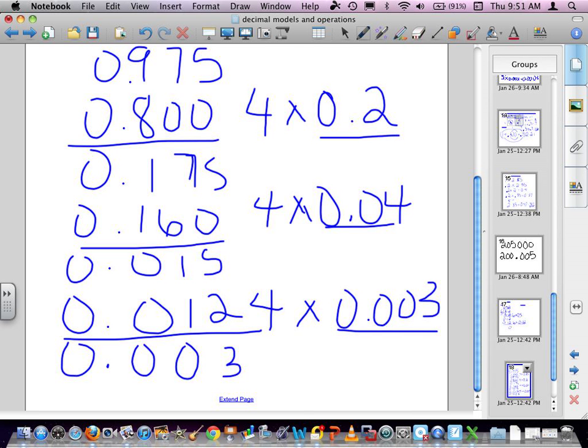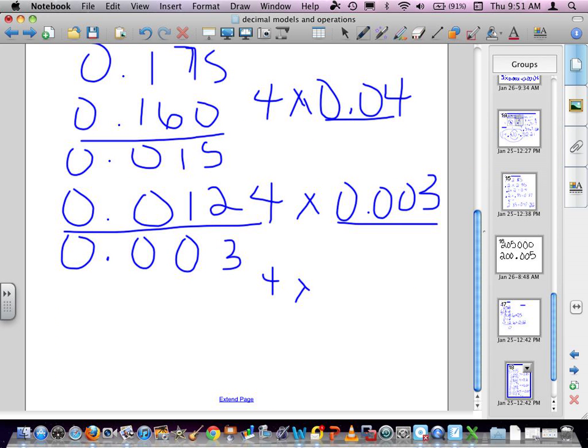Take $3 and divide it into 4 equal parts. If I share $3 amongst 4 friends, how much did I give them each? 75 cents. Okay, but we need to adjust. So we could say that is 4 times. We need to make sure that our decimal places are right. So it's 4 times 0.00075.